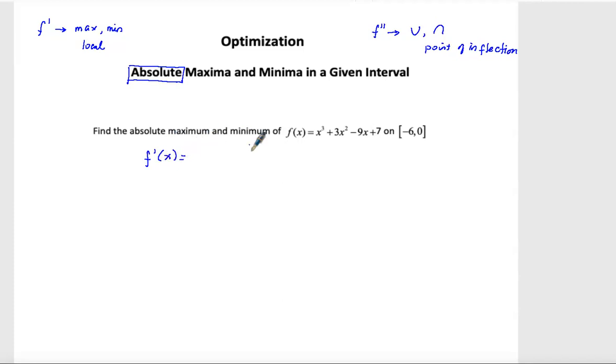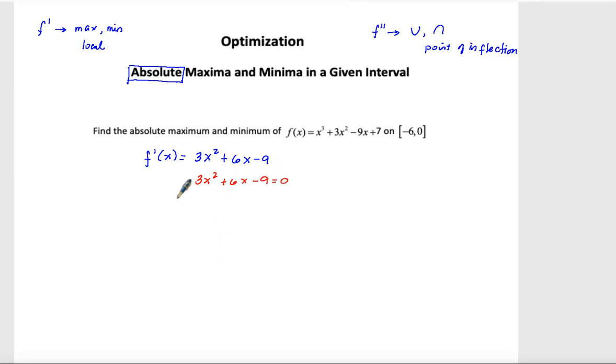So we get f prime of x, and the derivative of f of x is 3x squared plus 6x minus 9. Now remember, when you find the maximum or the minimum, we have to set the derivative equal to 0. So we take this derivative, 3x squared plus 6x minus 9, and set it equal to 0.